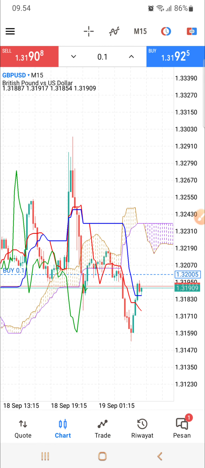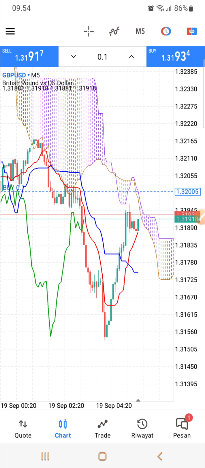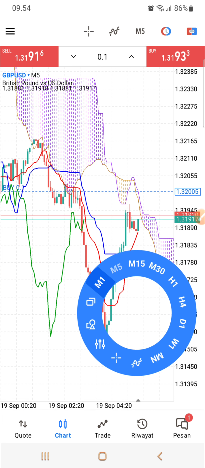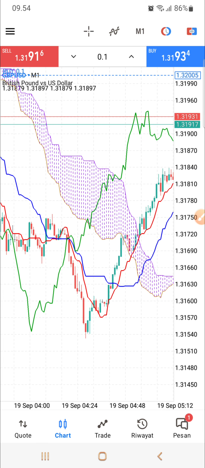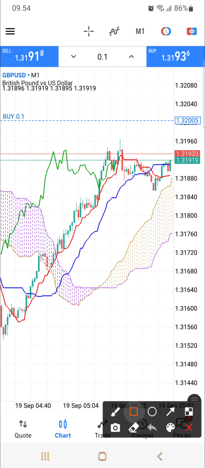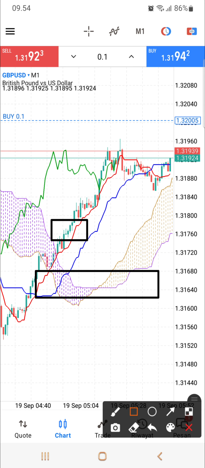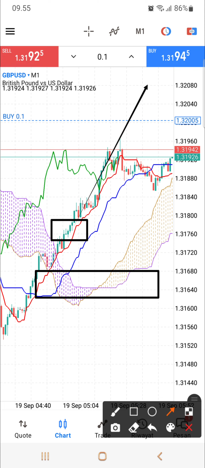Sometimes the indicator just helps us identify which area we have to buy or sell. This one, we buy at this area. We have to buy at this level, guys, because on the 1 hour time frame the pound is currently going up.